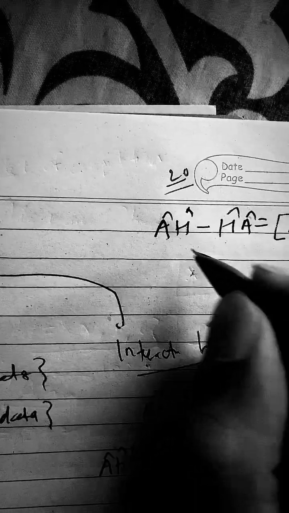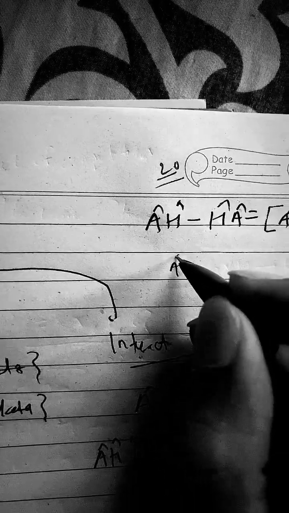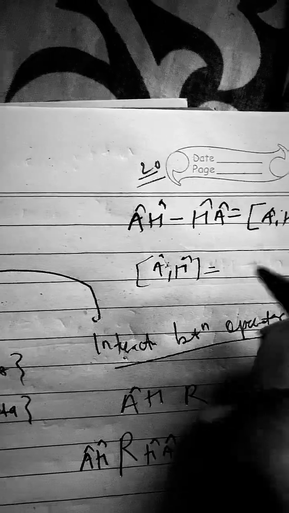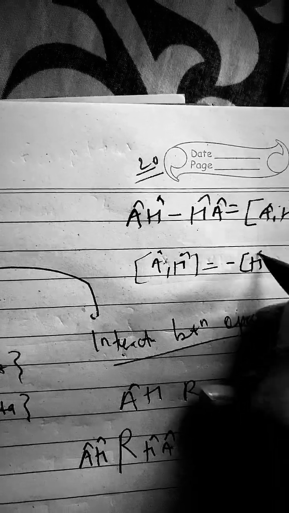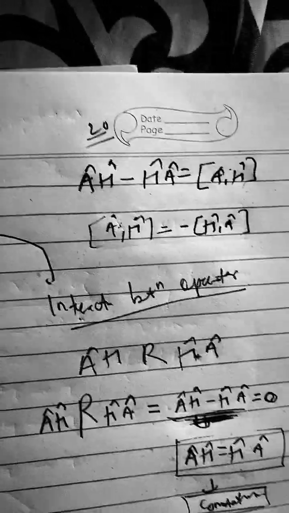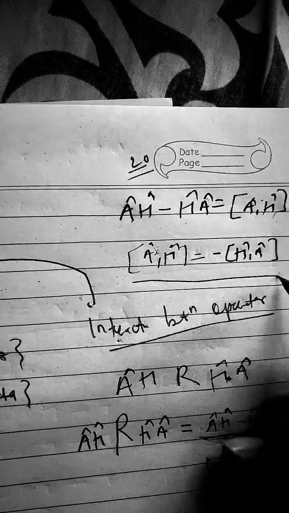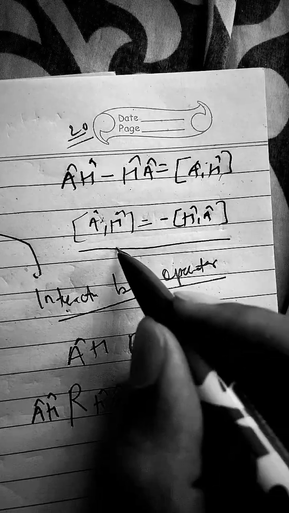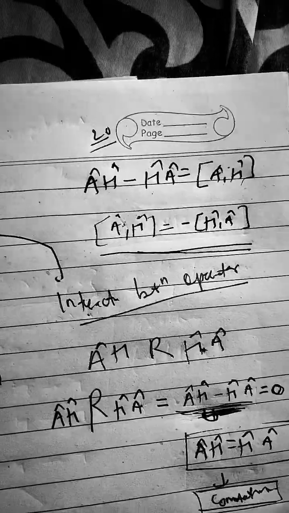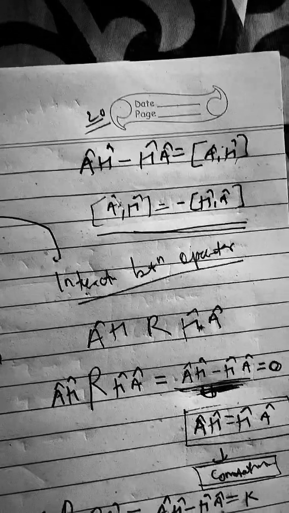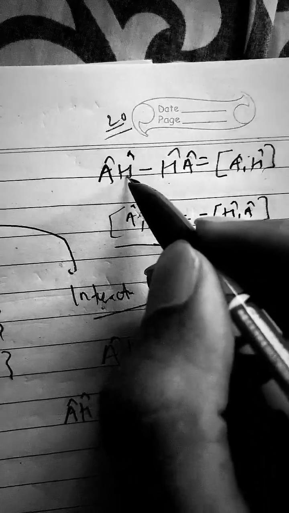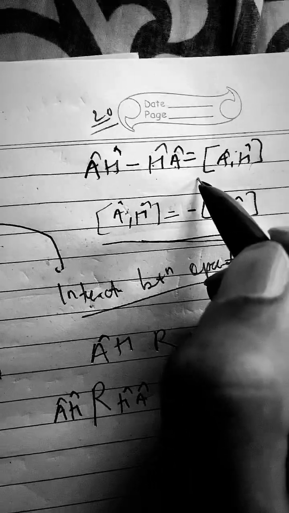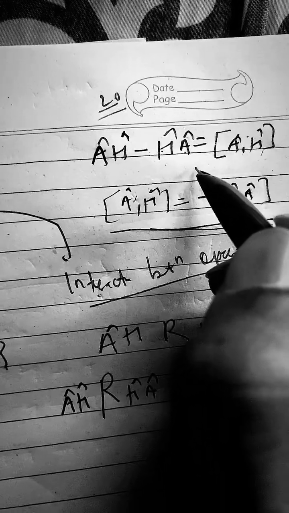Now AH is equal to minus HA. It means it is not commutative, right? If we allow this definition, they are different. This operator acting on this minus this operator acting on this is not always equal. They could be different, right?